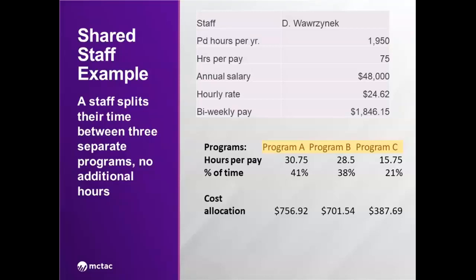In those 3 separate programs, I have 30.75 hours in one, 28.5 in another, and 15.75. I'm going to calculate what that percentage is, and then I'm going to use that percentage times my biweekly rate or my monthly rate, however you want to do it, and that's the cost that gets assigned to each of these individual programs for my salary.